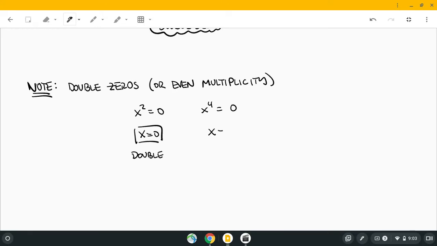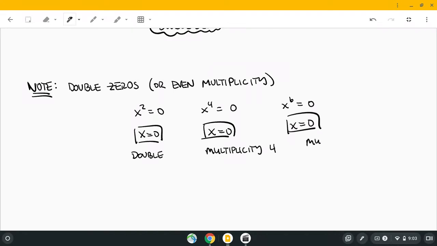X equals 0, this has multiplicity 4. And even if it's x to the 6th, then x equals 0 is a zero, and this has multiplicity 6.